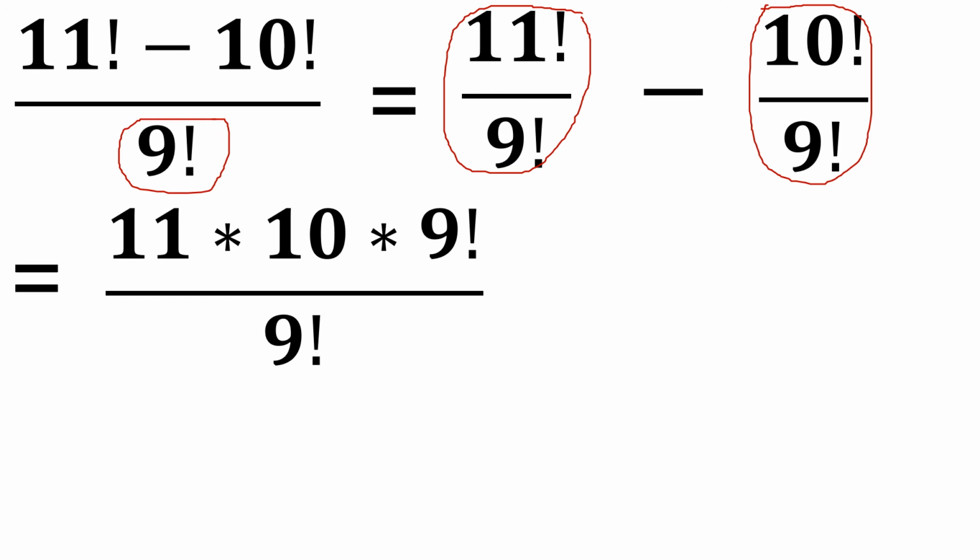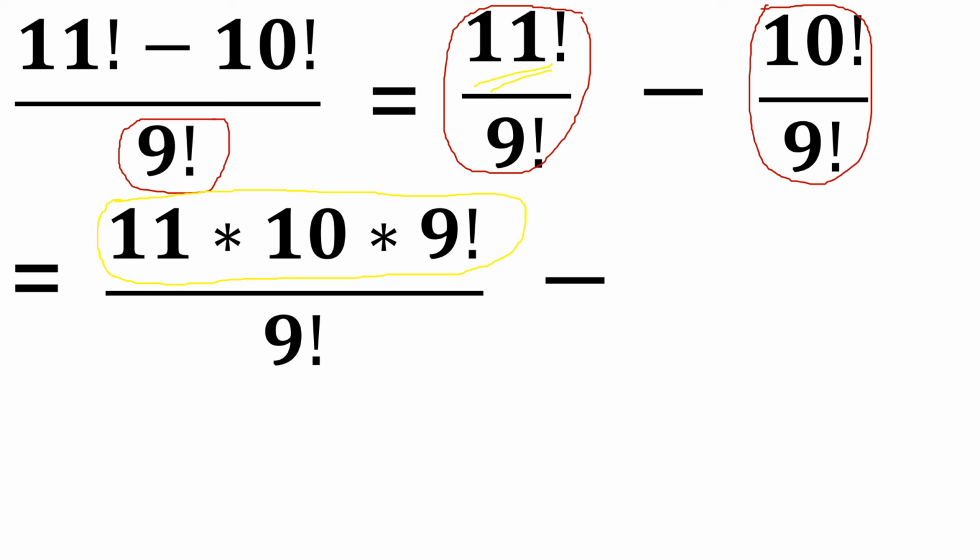So this expression here is the substitute for our 11 factorial here. And then we have minus 10 factorial divided by 9 factorial.